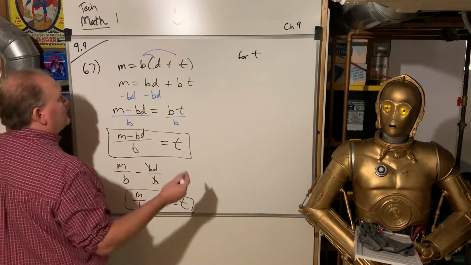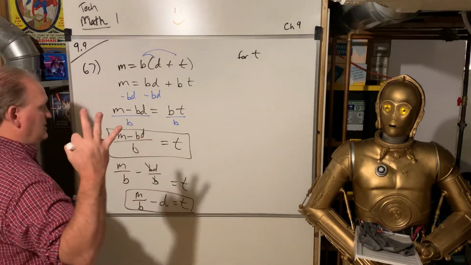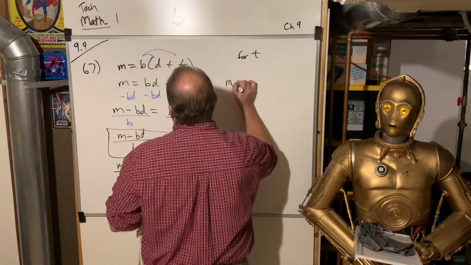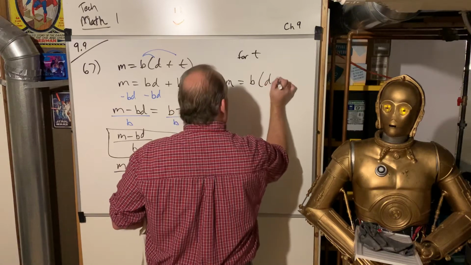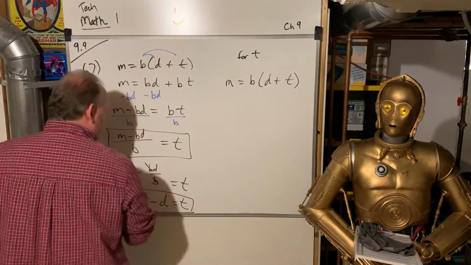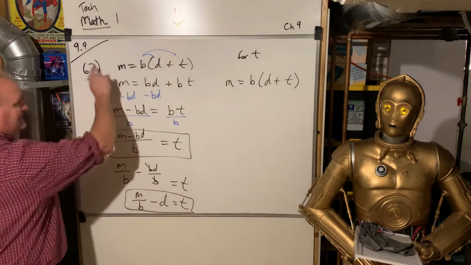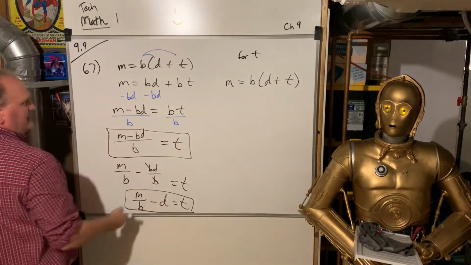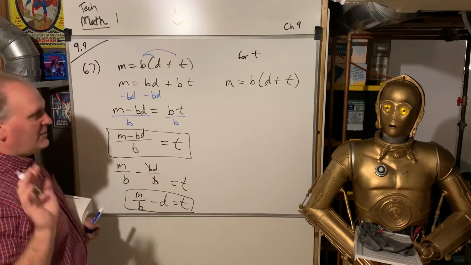Either way, there is a third way to do it. And when you do it this way, your answer is going to come out looking more like this one instead of this one. I still think this is the easiest way, even though you did the distributive property and then had to subtract and divide. There's a third way.